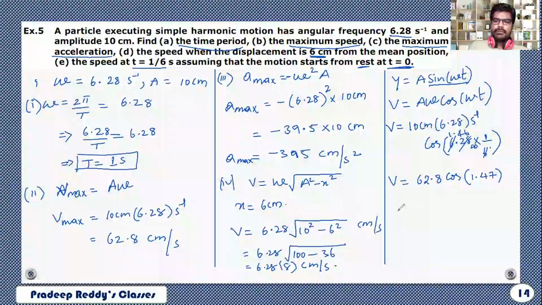1.47. So V is equal to 62.8 into cos of 1.47 centimeter per second.